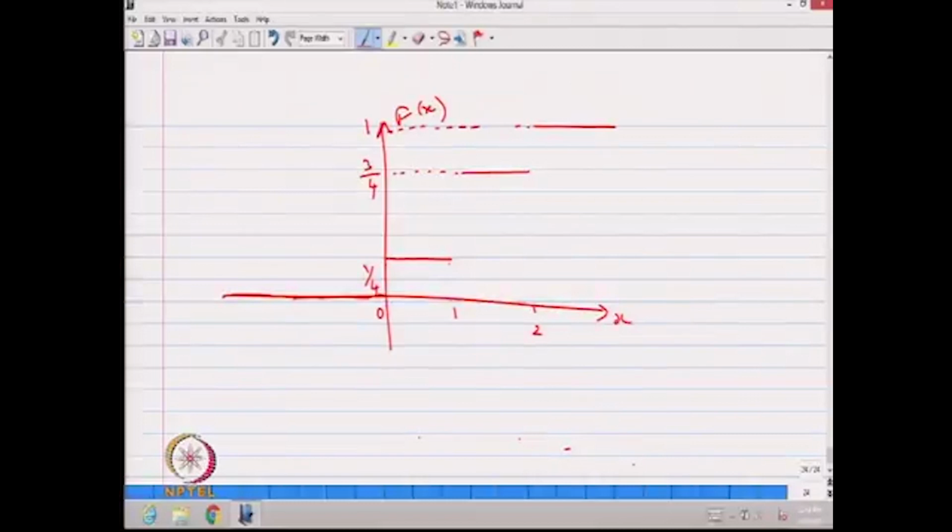Therefore, this is an example in which the CDF satisfies all 4 conditions of the distribution function: values lie between 0 and 1, monotonically increasing, left limit is 0, right limit is 1. The 4th condition, here it is a right continuous function. Therefore, this function capital F is a distribution function.